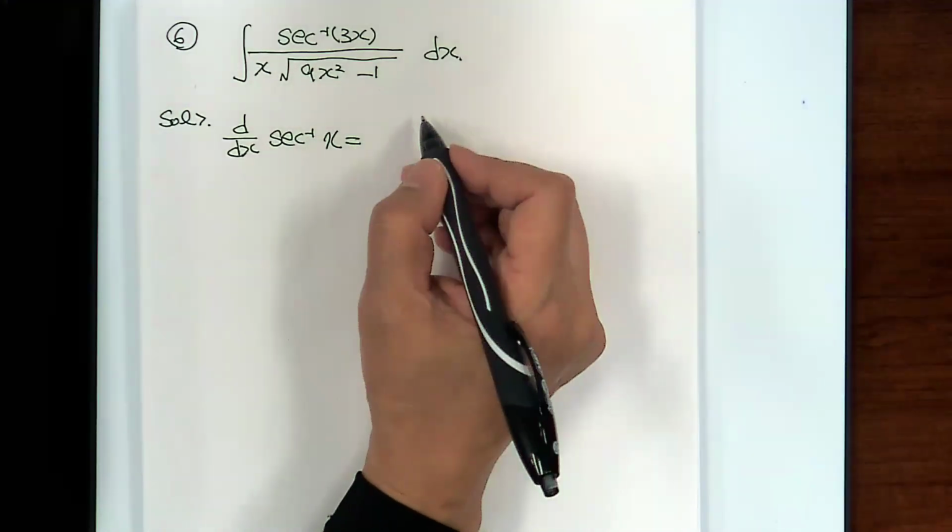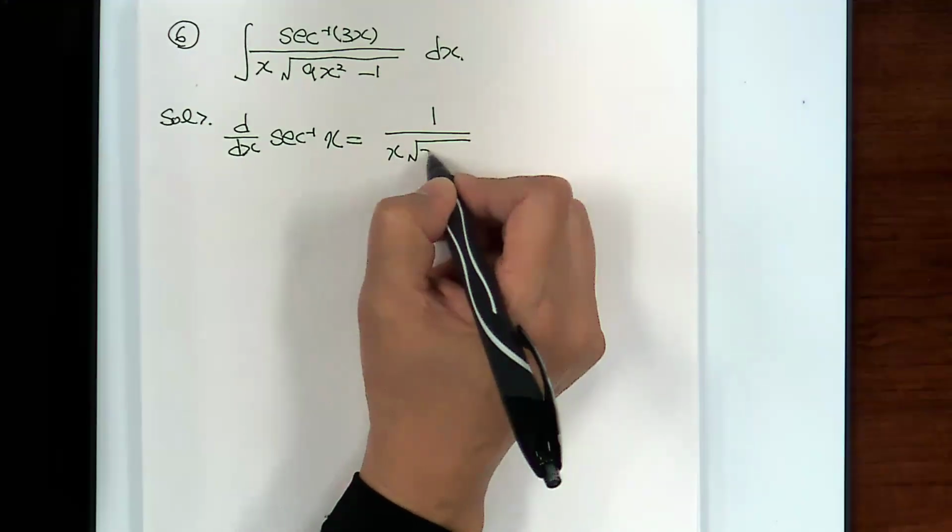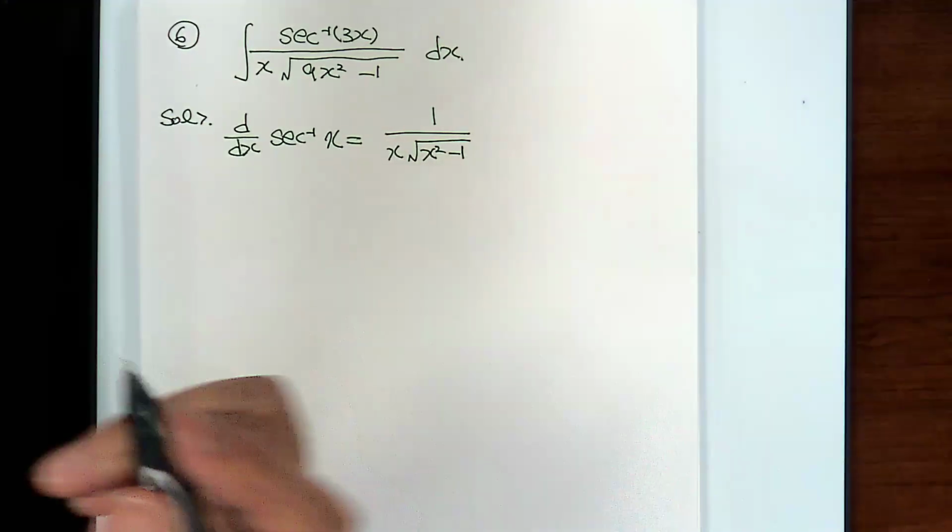The derivative of secant inverse of x is 1 over x square root of x squared minus 1.